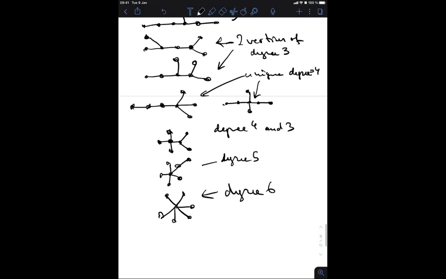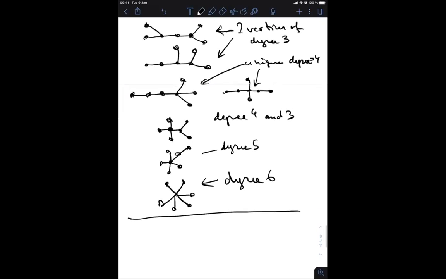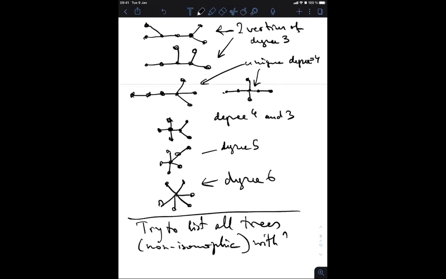Okay, so try, maybe at home if you have time, to list all non-isomorphic trees with 8 vertices.